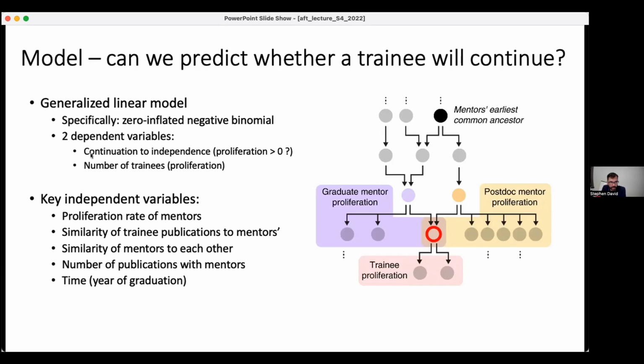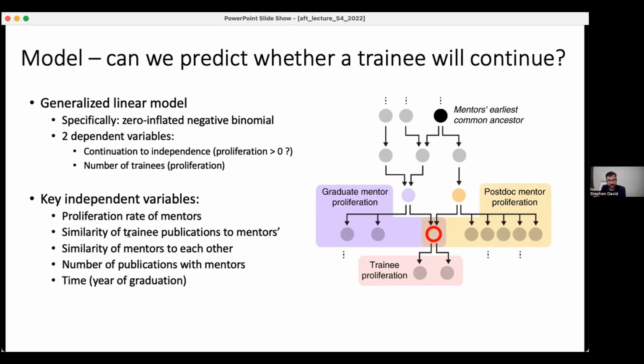Using a relatively straightforward generalized linear model framework, we asked which of these variables predict whether someone will continue or the number of trainees that they have themselves. That's the proliferation rate of the mentors. This is something that's been identified previously: big labs tend to produce people who go on to have big labs themselves.